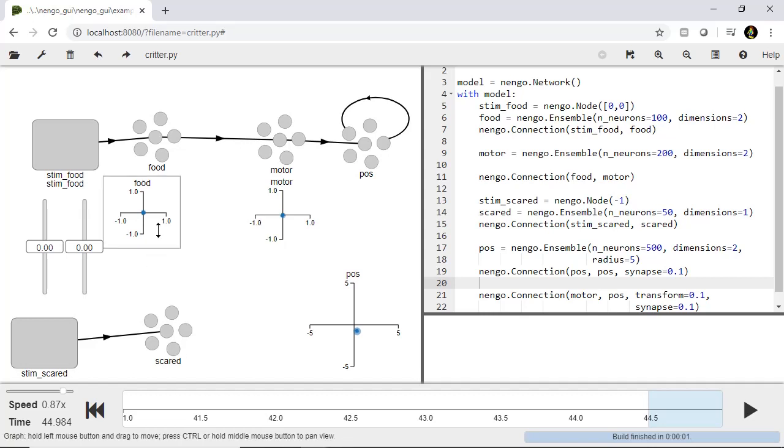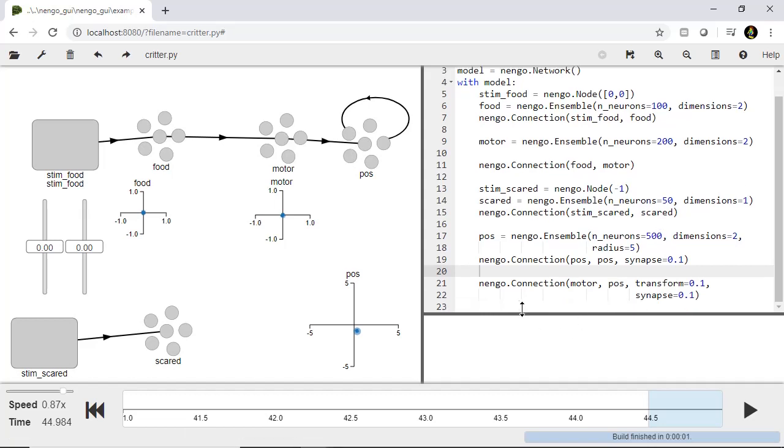So if I want what's going on in the motor to be a function of both food and scared, then instead of making a direct connection from food to motor, I want an intermediate group of neurons that represents both food and scared, and then coming out of that intermediate group, we go to the motor and compute whatever function we wanted. That's sort of like the trick that I used in the first lecture about how you implement multiplication.